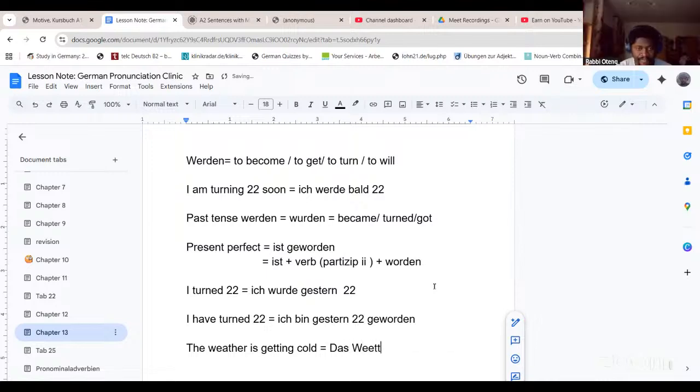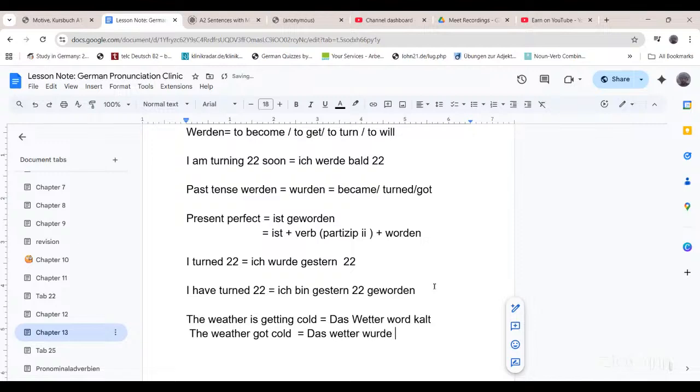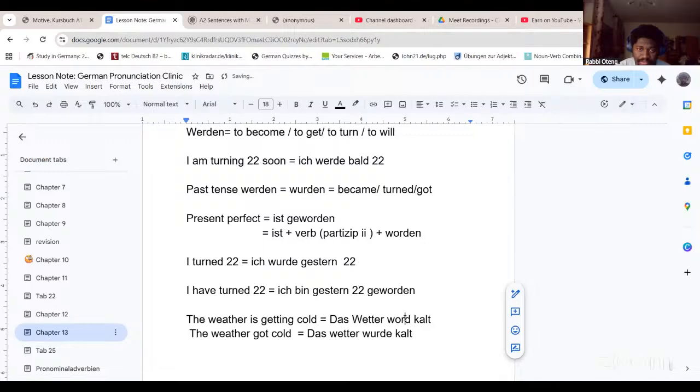Now you want to say the weather got cold, or turned cold, or became cold, in the past tense. That will be what? Das Wetter wurde kalt. Das Wetter wird kalt. Das Wetter wurde kalt, past tense.